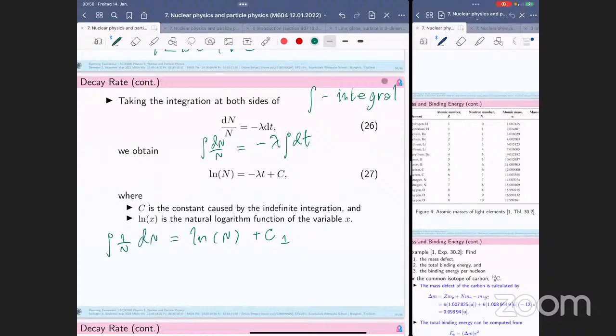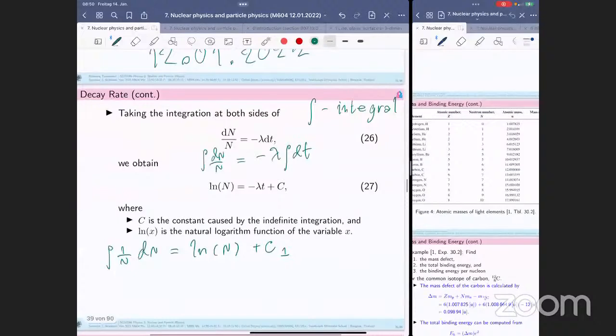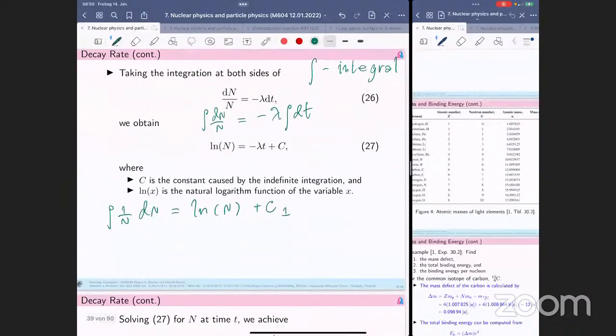You know indefinite integral, right? And the next one is the integration of dt, which is going to be t plus c2, right? The integration of f(x) dx without limits is called an indefinite integral, right?